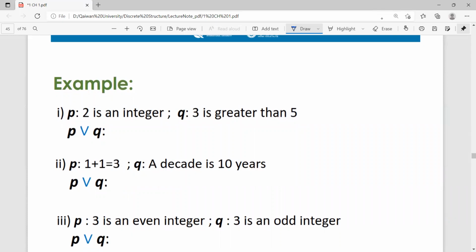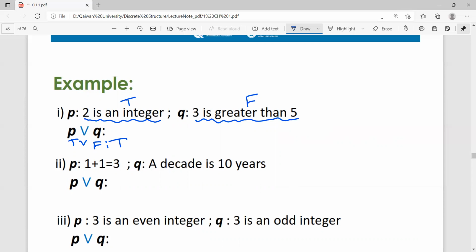P: 2 is an integer. That's true. 3 is greater than 5. Is it true? No, it's false. So if we join these by or, the first one is true or false. How about the result? The result is true, of course. Why? Because at least we have one true statement.